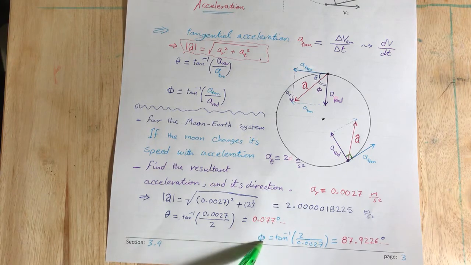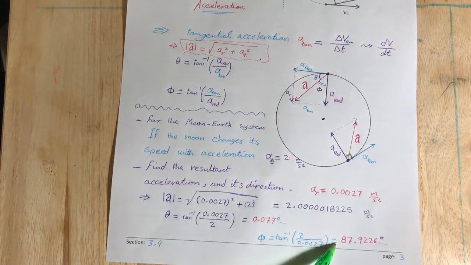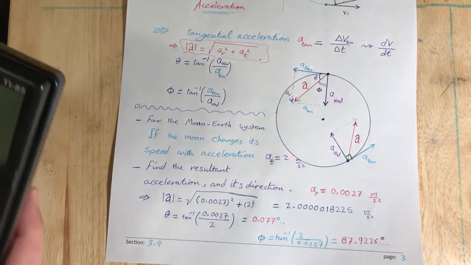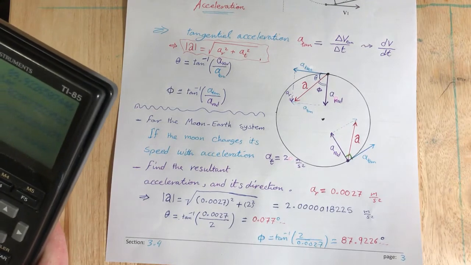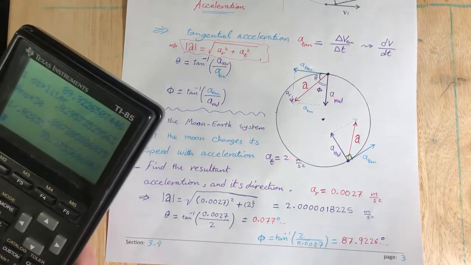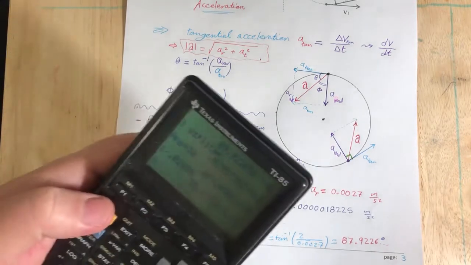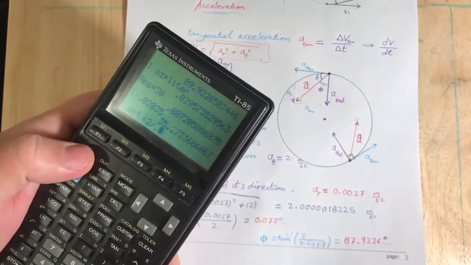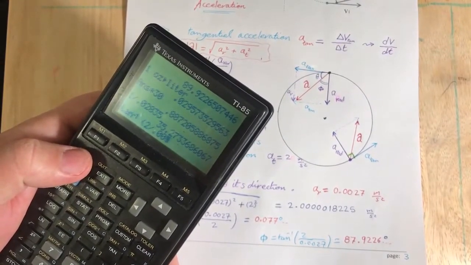If we need to find phi, it is the rest of the angle, which is almost 90 degrees, or tan inverse of 2 over 0.0027.